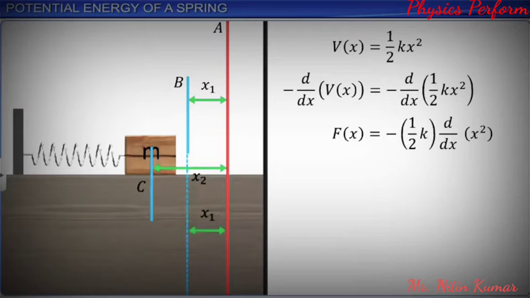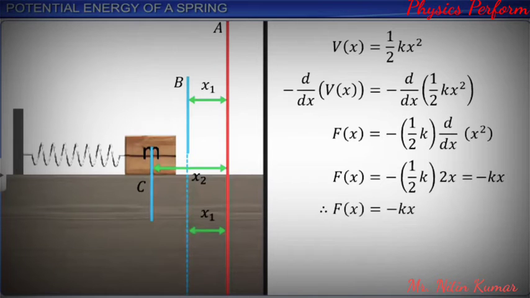Thus, by doing the derivation of the equation of potential energy of a spring, we can easily verify the equation for the spring force as F(x) equal to minus kx, as shown. According to the work-energy theorem, the work done by a net force on an object is equal to the change in its kinetic energy.